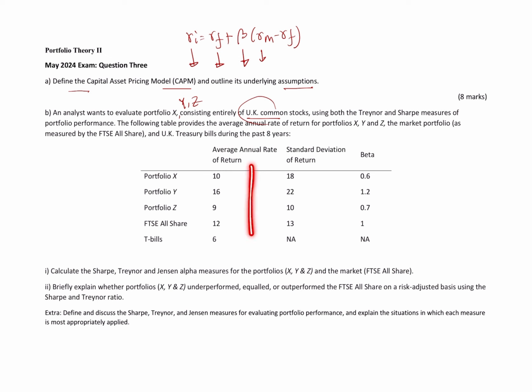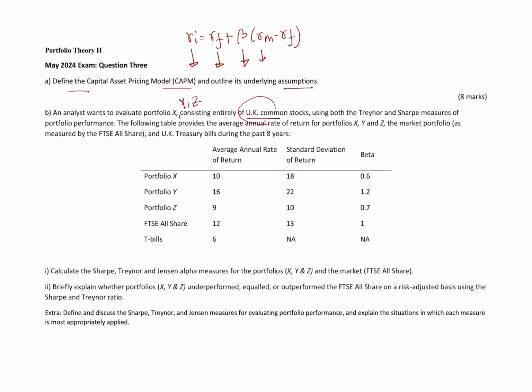All of these details are given in this table. We have the last 5 years' average annual rate of return, the annual standard deviation of the return, and the beta. We're given the T-bill as a risk-free rate of 6% and Rm, the market FTSE All Share, as 12%.